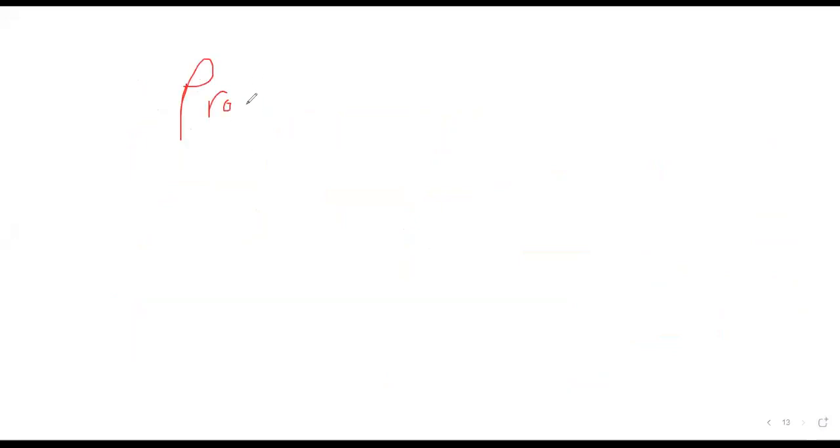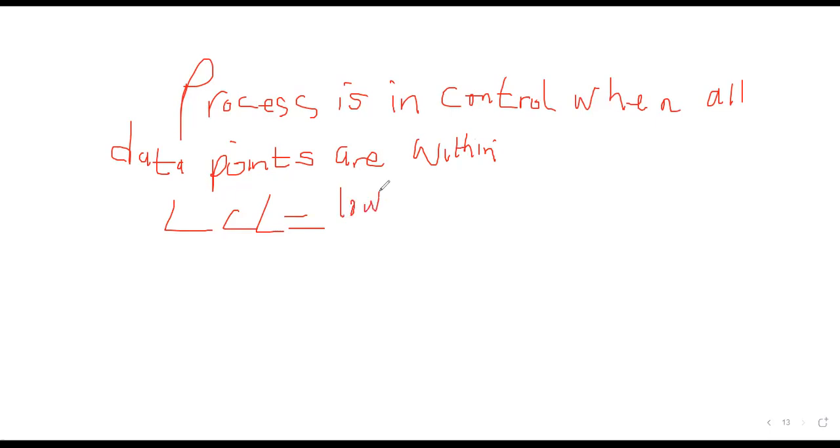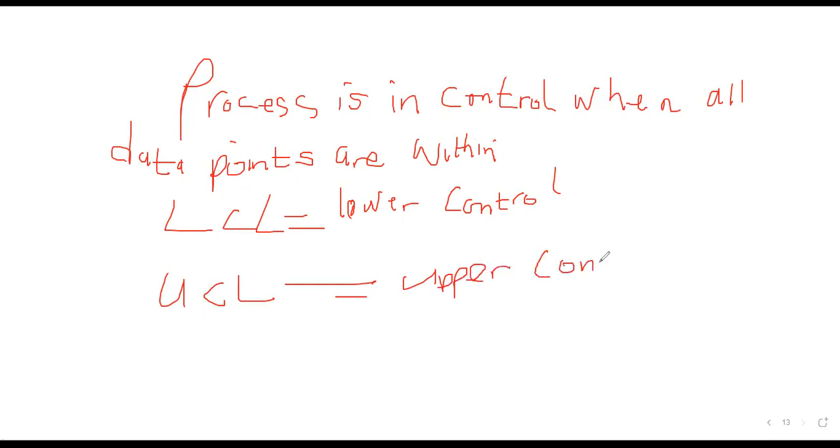We simply say the process is in control when all data points, whichever control chart we look at, are within the lower control limit, the LCL, and the upper control limit, the UCL.